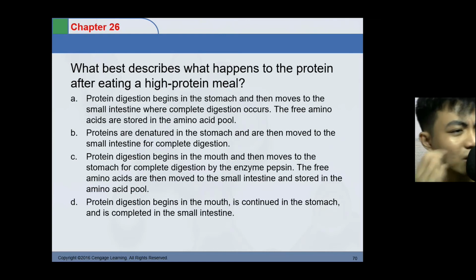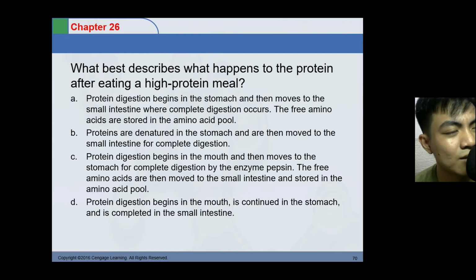And then move to small intestine for complete digestion. Ay, yeah, pwede naman. Pwede yung letter B pero kulang siya. Nakalimutan niya na saan mapupunta yung mga free amino acid. So, kailangan sinabi niya yung amino acid pool. So, even though B is parang okay, letter A is the best.